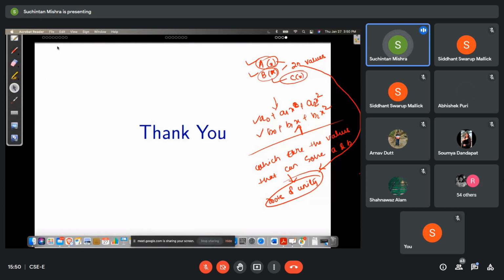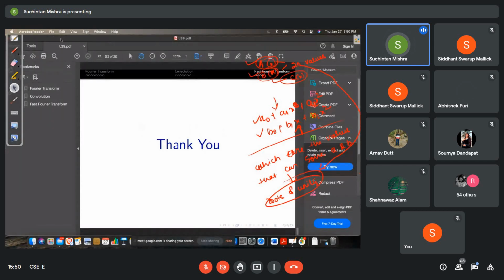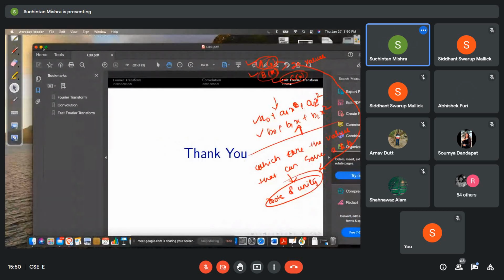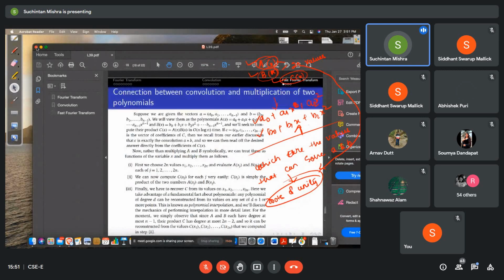We will start again from here in the next class, from the concept of roots of unity, and we will see how the divide and conquer solution can be formed.